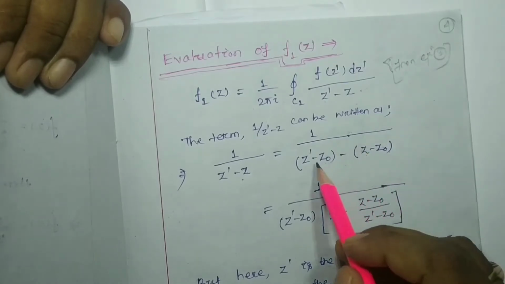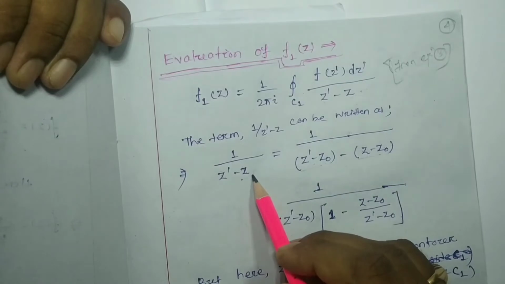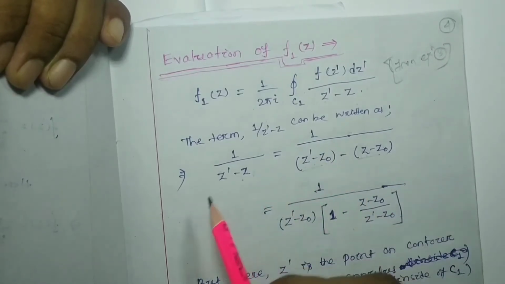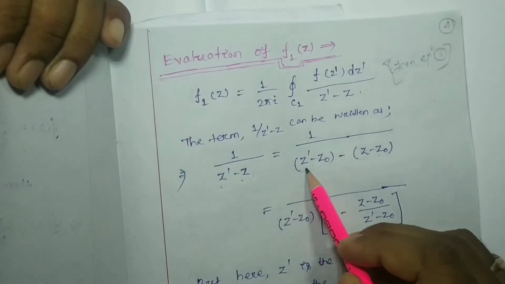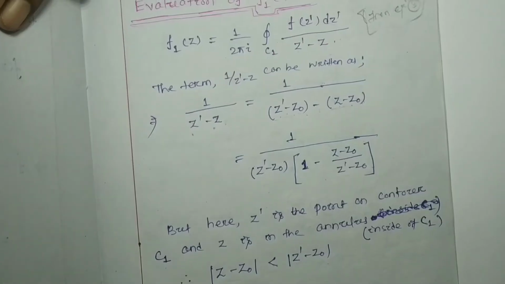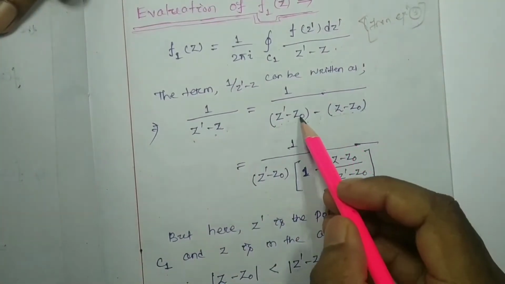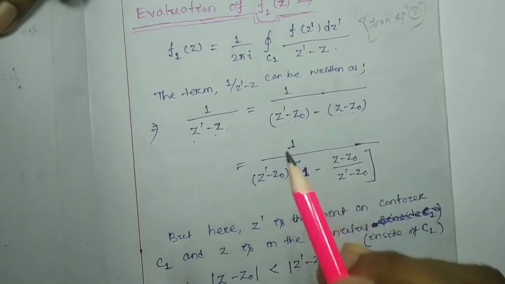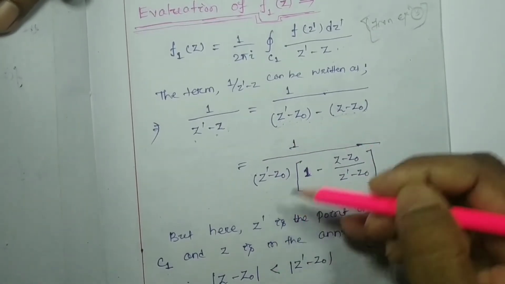So this minus this is nothing but this one, z dash minus z, right? So here we consider that z dash minus z is equal to (z dash minus z0) minus (z minus z0). So why did we not consider z0 minus z dash? Why did we consider z dash minus z0? You can know that after 2 steps.